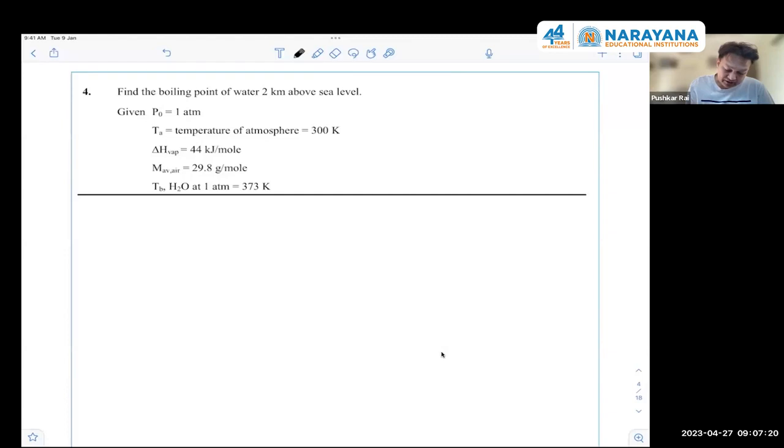M average of air is equal to 29.8 grams per mole. And TB of H2O, that we already know, the boiling point of water at ground level, is equal to 373 Kelvin. Using these data, can you find the boiling point 2 kilometers above sea level?